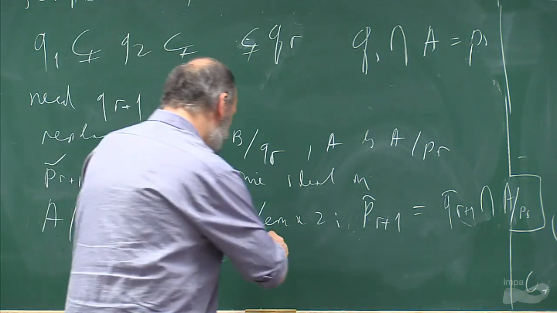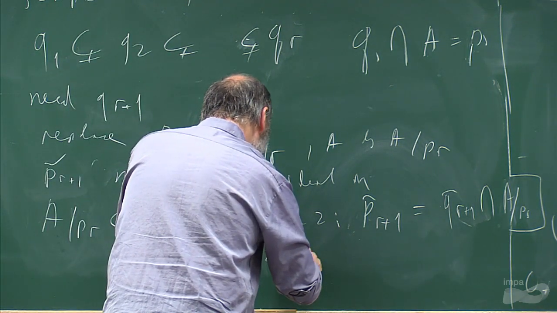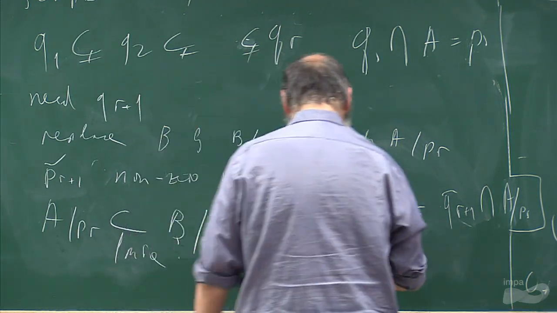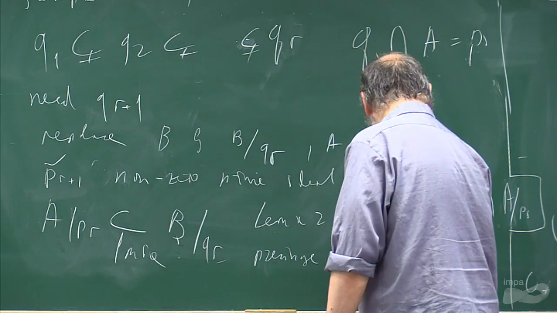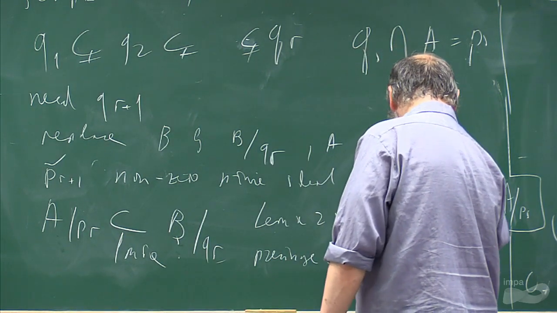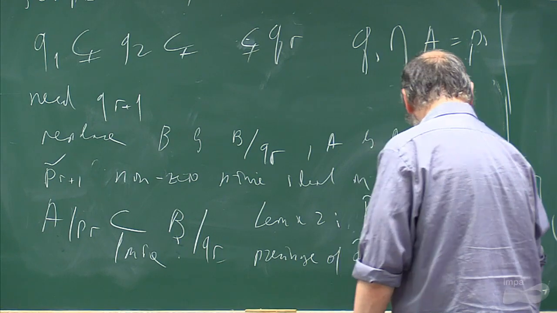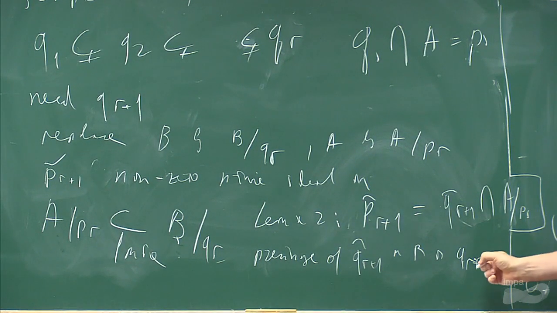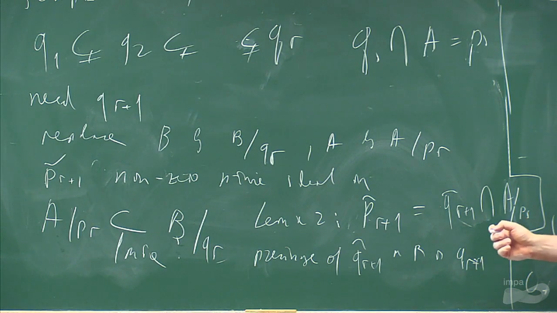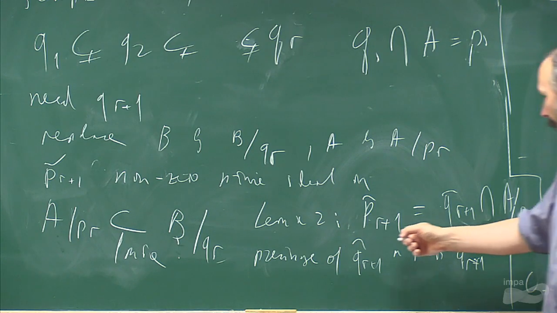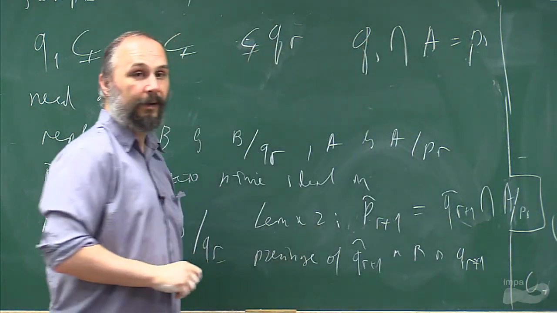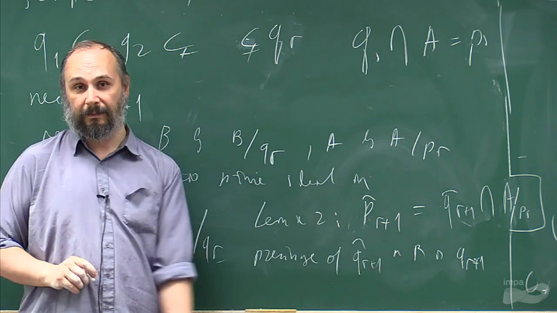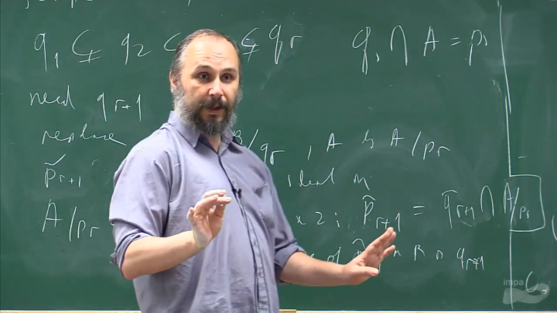Then the preimage of Q tilde r plus 1 in B is Qr plus 1, which has the same property: after intersection with A, it gives Pr plus 1. Good. Questions?